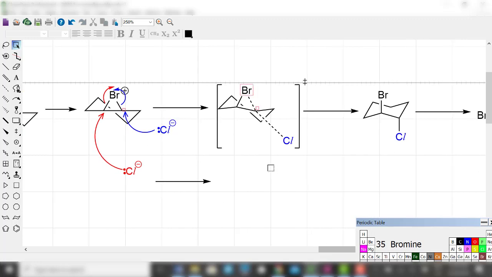You might be thinking probably not, because the transition state has a bromo in the developing pseudo-axial position, and then the Cl, not exactly developing, but attacking from far. So you might be thinking this transition state is maybe not going to be very stable. That's perfectly fine, because there's some logic in that.